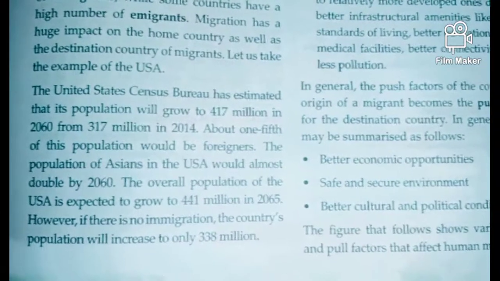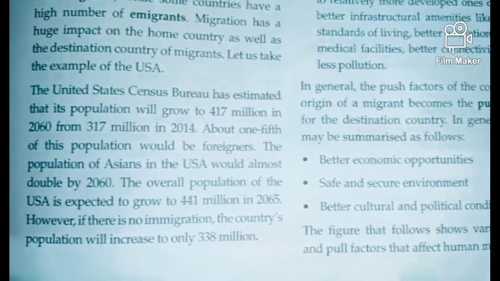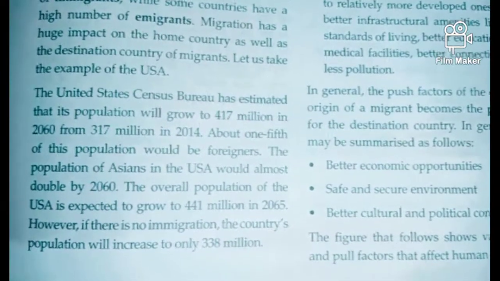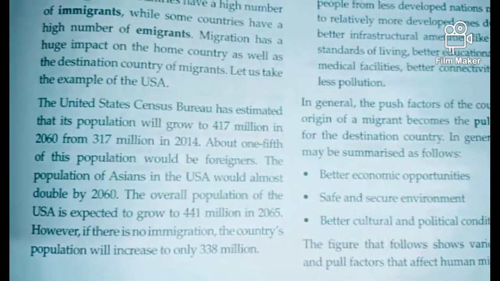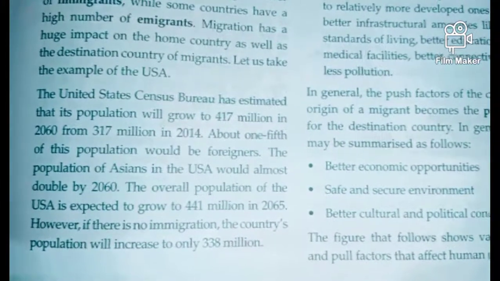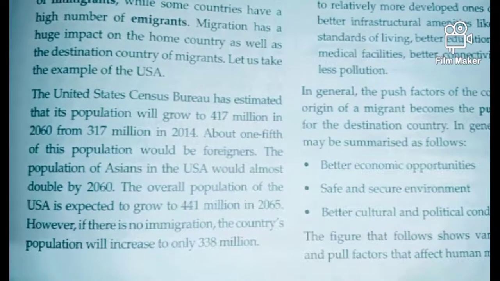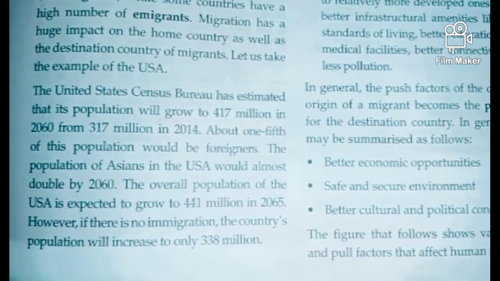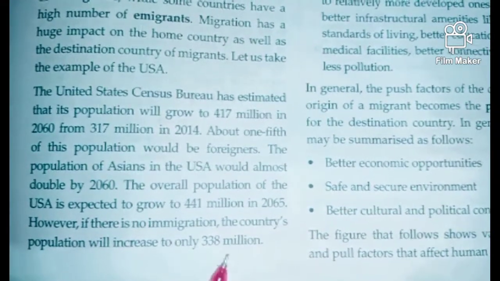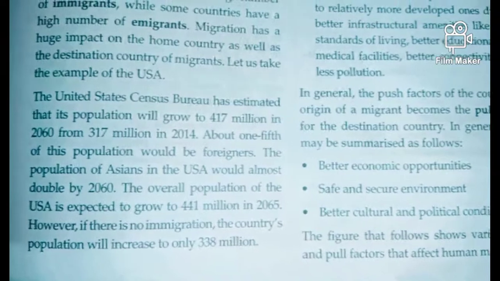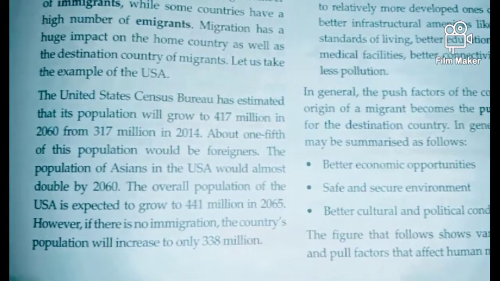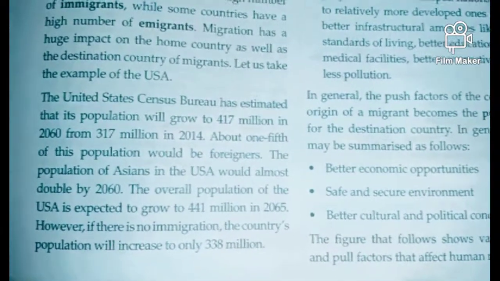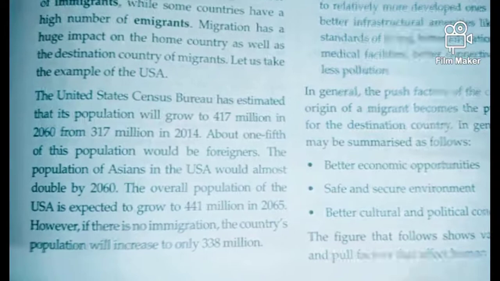So the United States Census Bureau has clearly stated that by 2065 the population can grow to 441 million including immigration. But suppose immigration does not take place, the population will automatically be under control and will grow only up to 338 million. So we can understand that home countries also face lots of problems from the inflow of population, that is immigration.